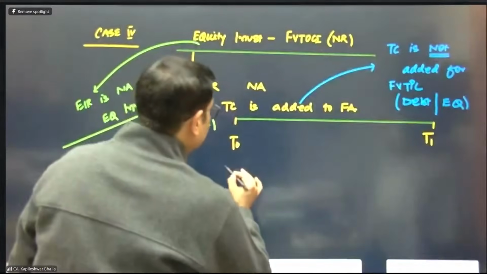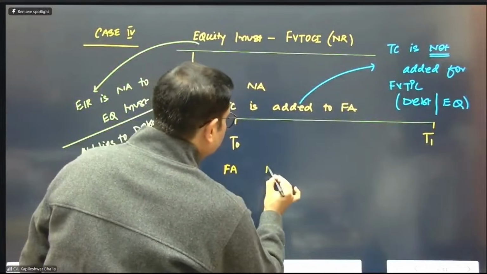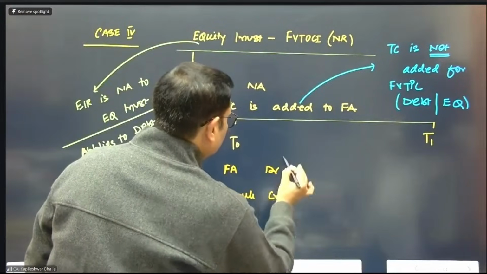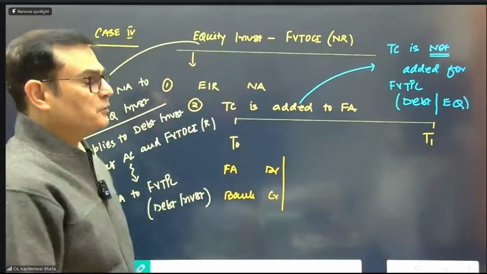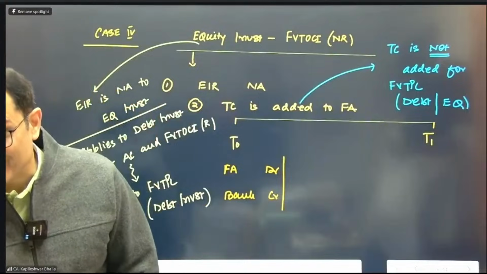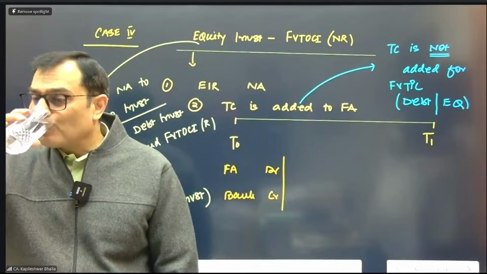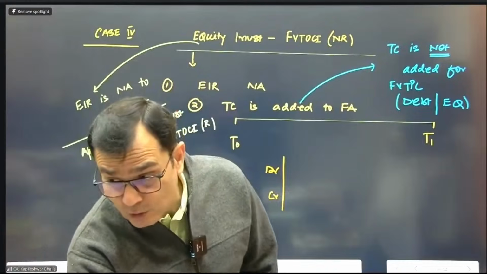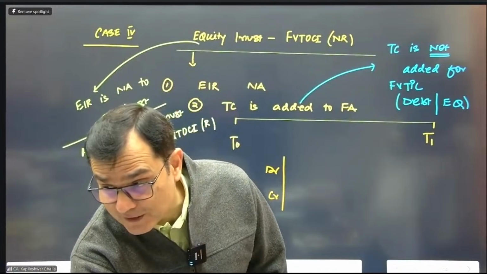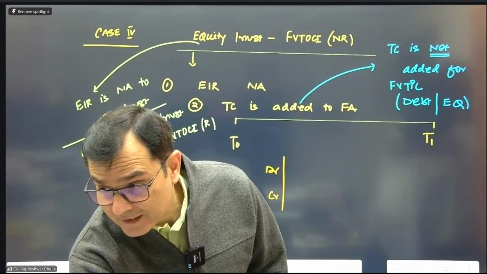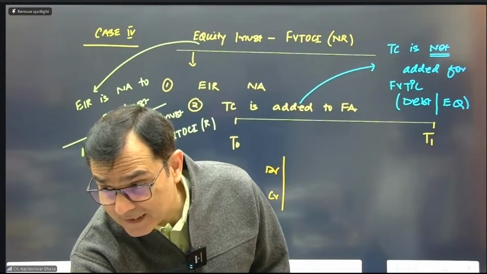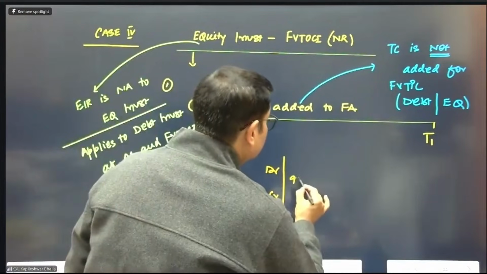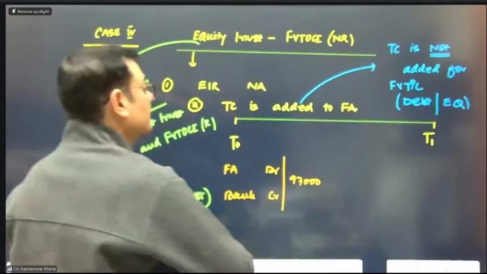So in this case, the entry becomes financial asset gets a debit and the bank gets a credit. Would you like to tell me what is the figure at which you'll record the financial assets in this particular case? So think. As was rightly said, it's going to be 97,000 including the TC in this case.